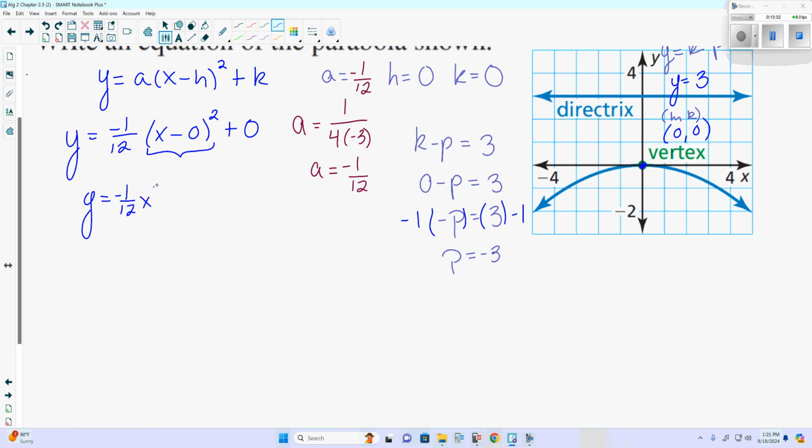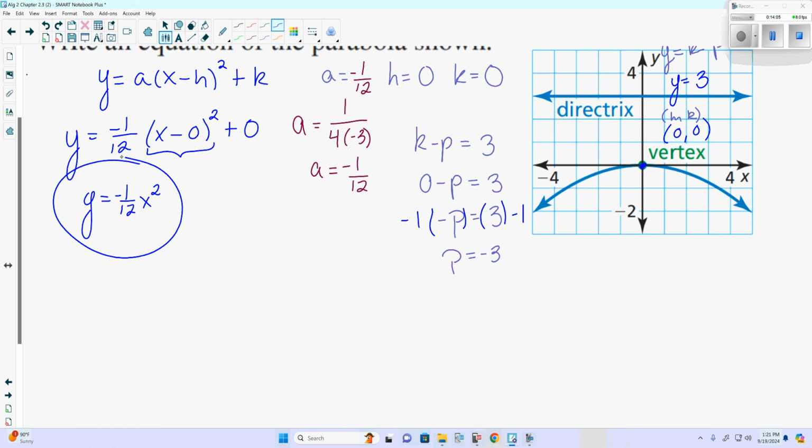So I could really write x minus 0 squared as x squared. Do we need the plus 0? So y equals negative 1/12 x squared is the same as y equals negative 1/12 times x minus 0 squared plus 0. That is the full equation. Again, even though we use the original version and plugging in 0 for h and k, it does simplify down. It still works.